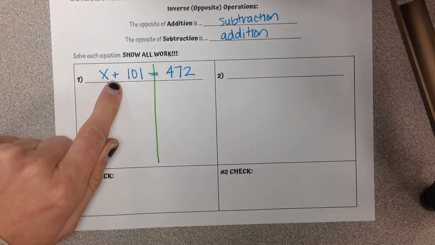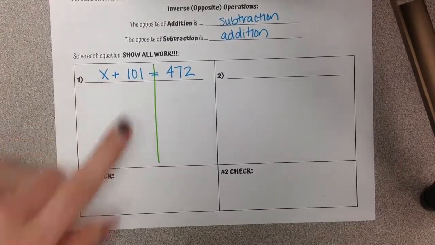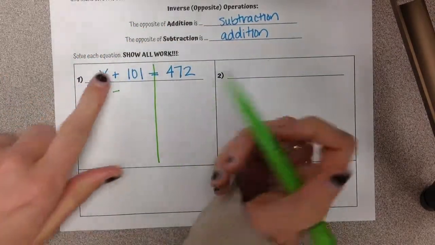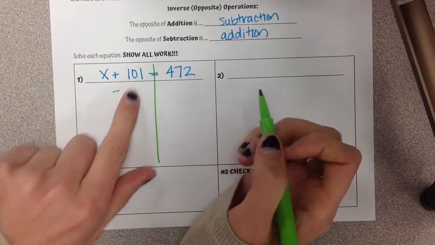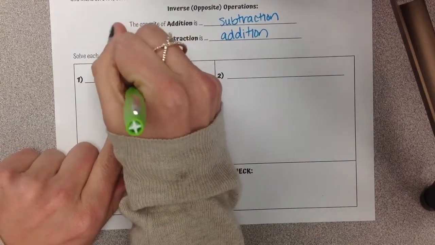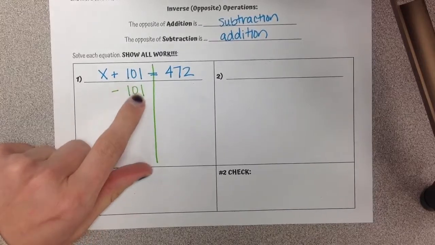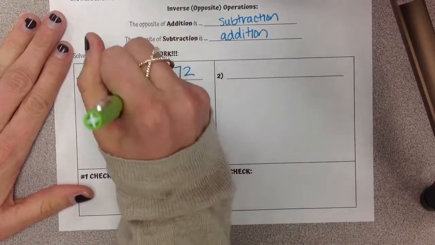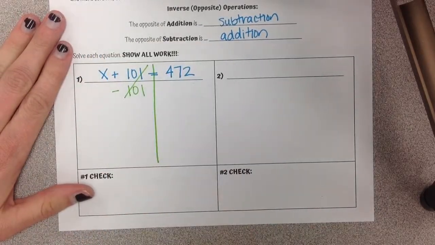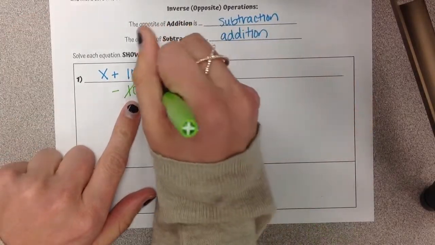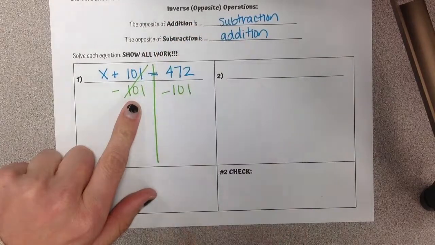We have the operation of addition, so we need to do the opposite of that, which is to subtract. Well, what were we adding? We were adding 101, so we're going to subtract 101 from this side, because 101 minus 101 is going to cancel out. If I subtract from this side, the only way to keep it balanced is if we subtract from the other side.